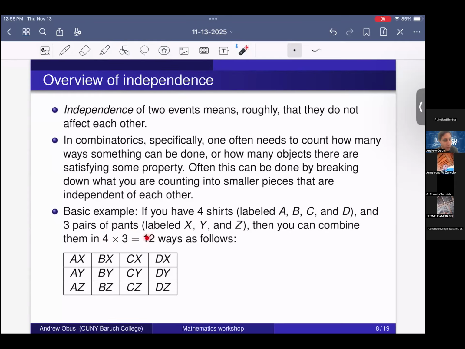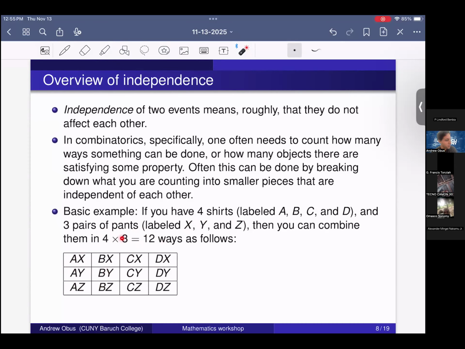So that's going to be 12. And you can see this visually, right? Here are all of the 12 combinations. You can have shirt A with pants X, or shirt B with pants X, shirt C with pants X, and so on. Shirt A with pants Y, B with Y, A with Z, B with Z, and so on.